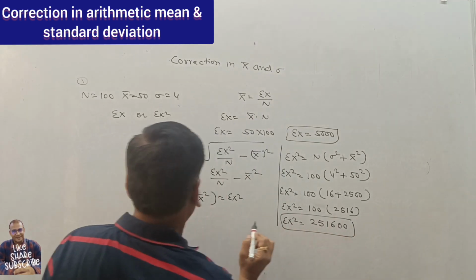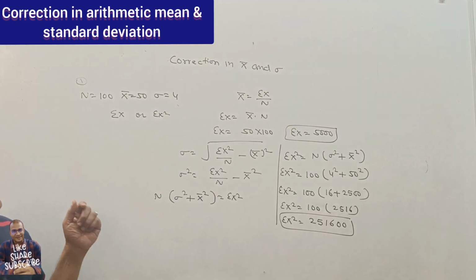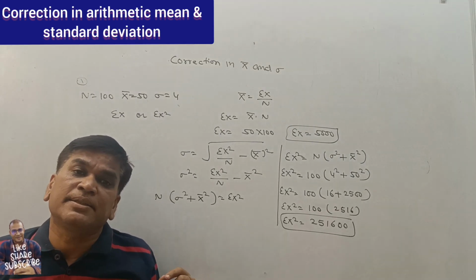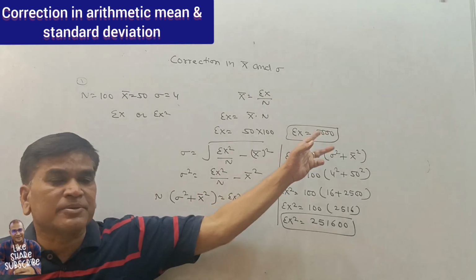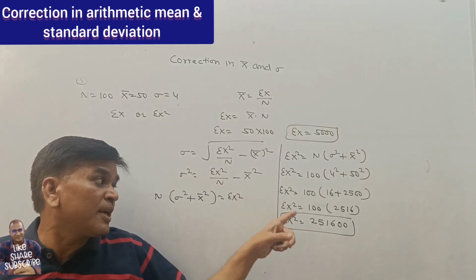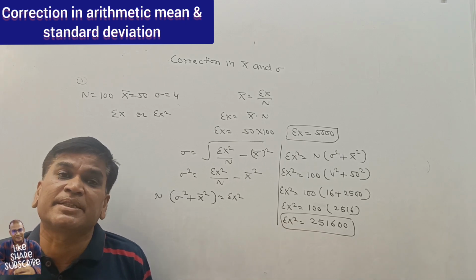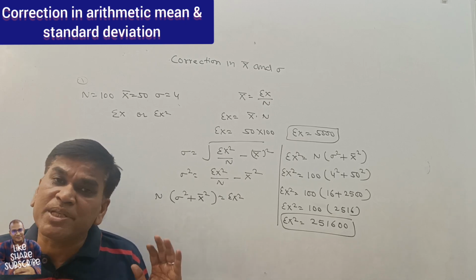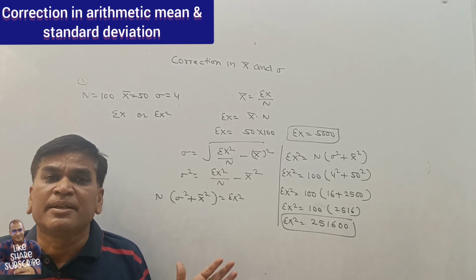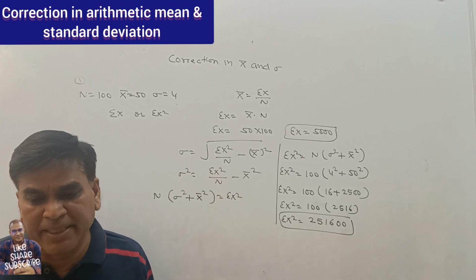In this question they first ask us to calculate the sum of all items, that is 5000, and the sum of the squares of all items, that is 2,51,600. This question is repeated so many times, especially in the PG classes examinations. That's why I have done it here.